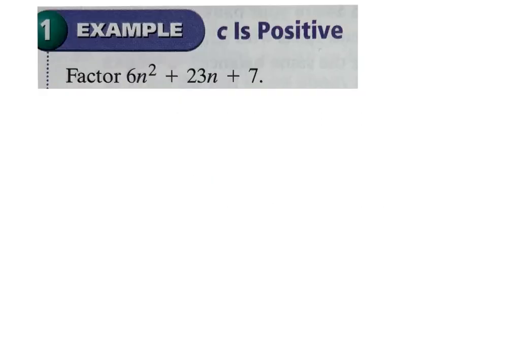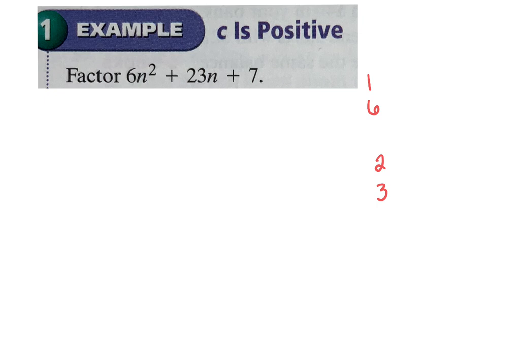So let's look at this first example here. They want us to factor 6n squared plus 23n plus 7, all right? So we don't just look at factors of 7 because we have a leading coefficient. It is not 1. And so now I'm going to have to list all my factors of 6, which are 1 and 6 and 2 and 3.